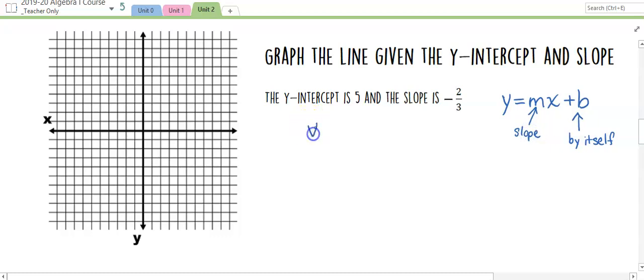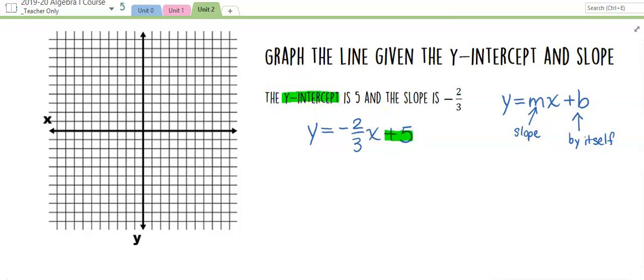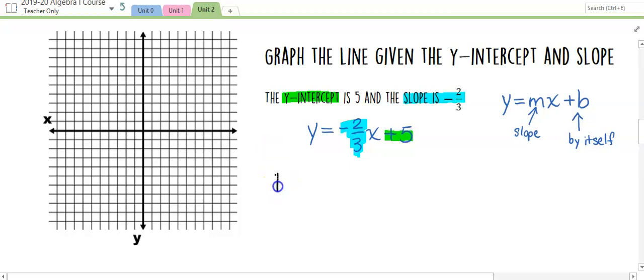So you might be given this information all spelled out for you, or you may have been given the equation that looks like this, where you need to know what the y-intercept is and what the slope is. We're going to always, always, always begin with b.